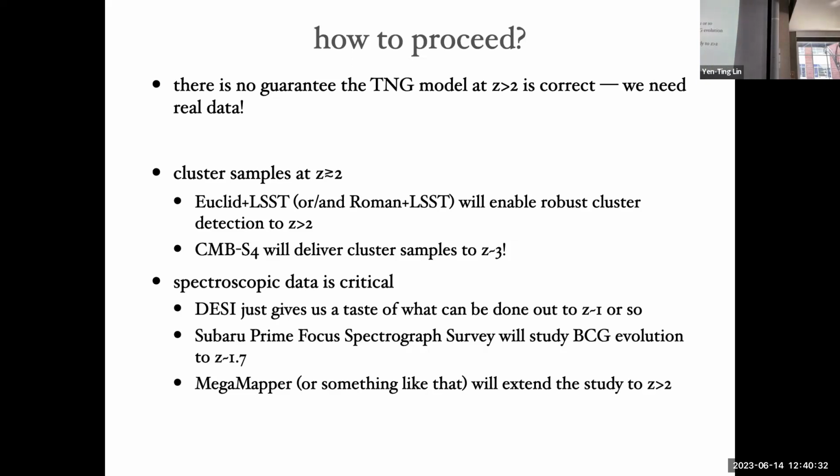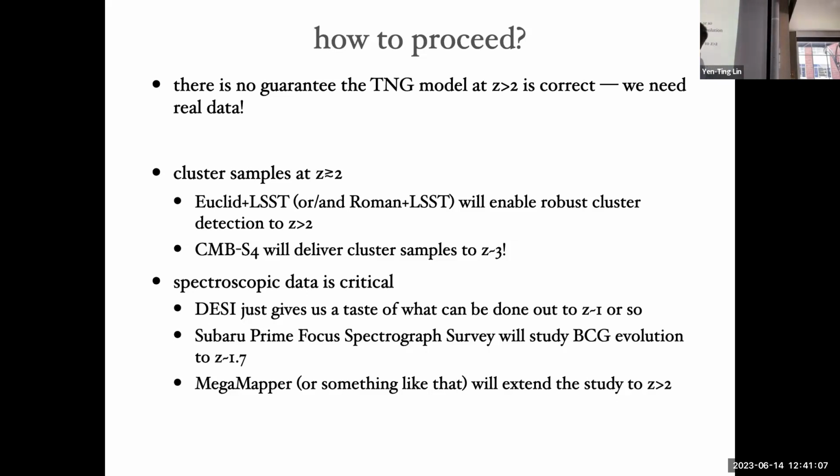And unfortunately, eROSITA will not deliver cluster samples out to redshift 2. In the near future, CMB-S4 will have a cluster sample out to redshift 3, so that's our best bet. I want to emphasize that spectroscopic data is critical. So we just saw that DESI has a data release, and it gives us a taste of what can be done with a 4-meter telescope out to redshift 1 or so.